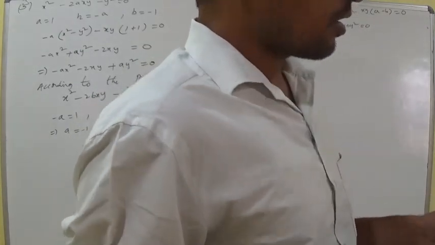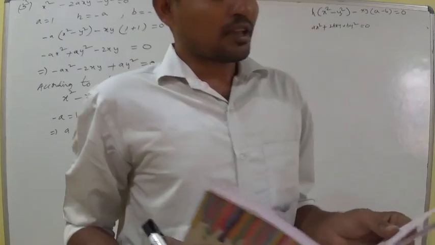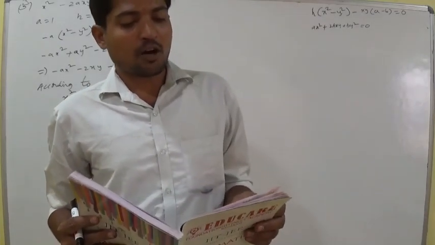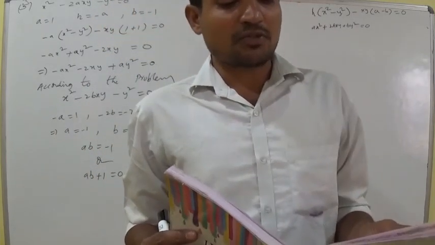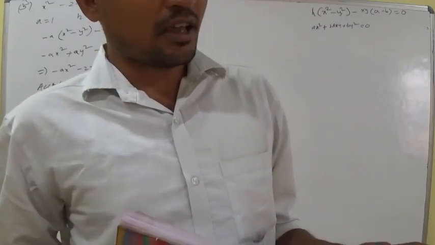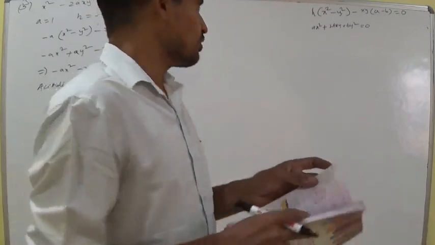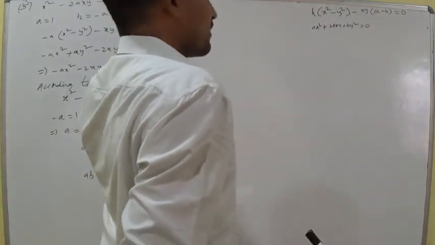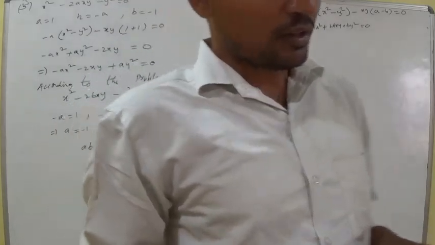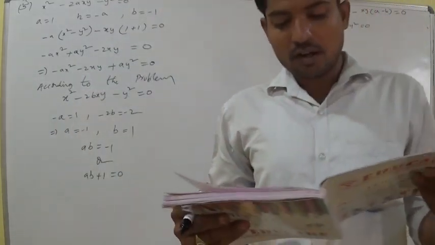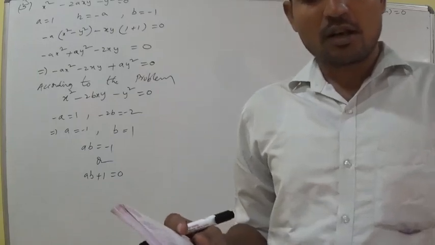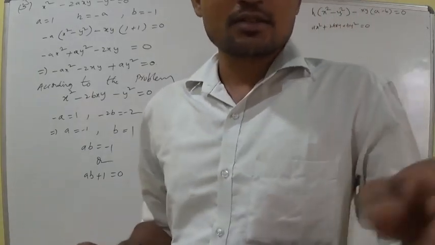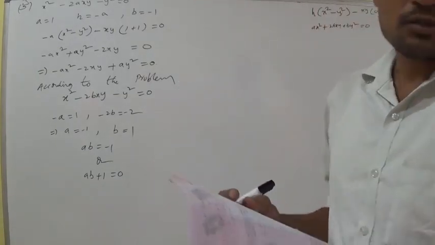Next one, eighth one also. The equation of the pair of bisectors of angle between pair of lines, that means we have to use this method. So the fifth one, sixth one and eighth one are the same. Otherwise, shall I explain the eighth one?